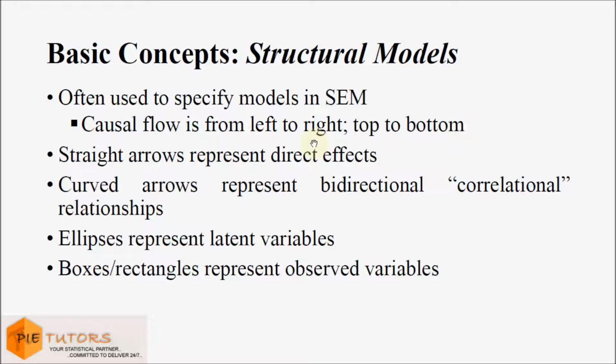In the SEM analysis, the straight arrows represent the direct effects. These are generally used between independent variables and dependent variables. The curved arrows represent the correlation between the variables. The ellipses represent the latent variables and the rectangular boxes represent the observed variables.